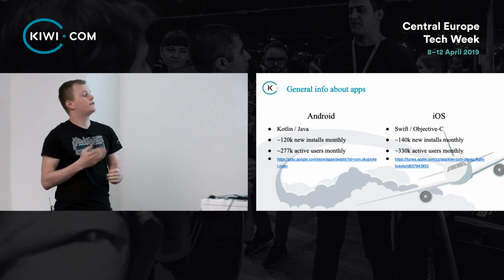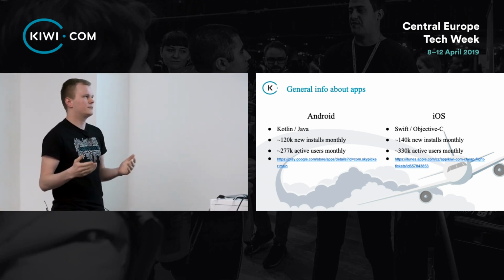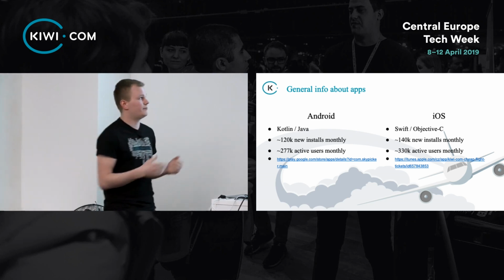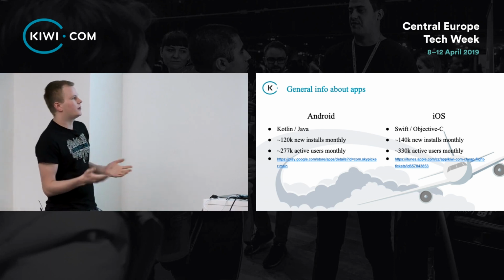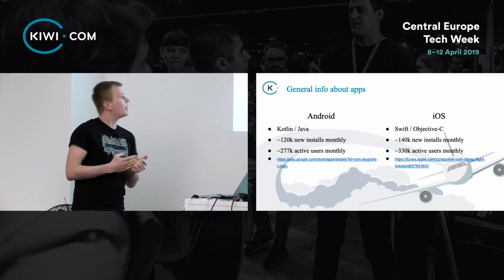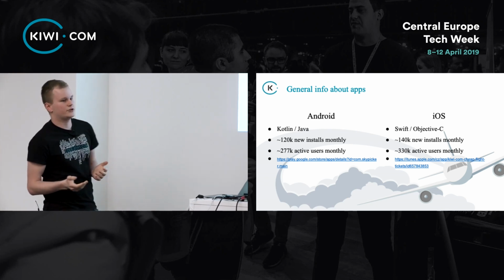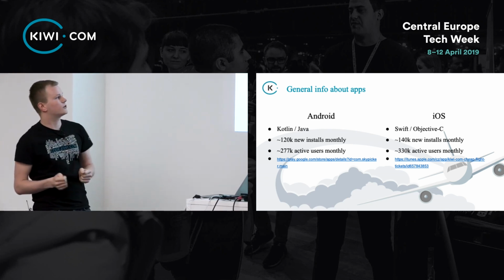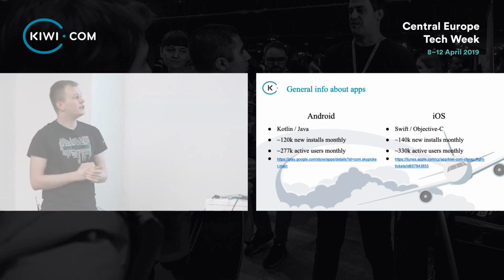So some general info about our apps. We have one app but for two platforms. One is for Android and one is for iOS. The Android one is written in Kotlin/Java. Some code is in Java, most of the code is in Kotlin. And the iOS app is in Swift/Objective-C.